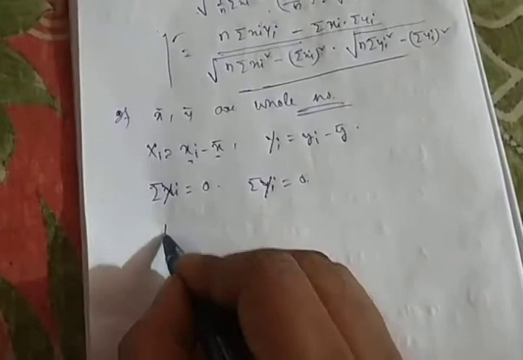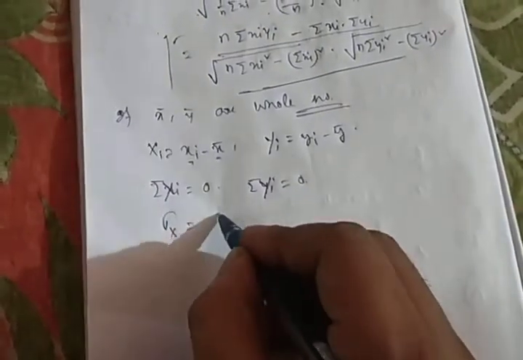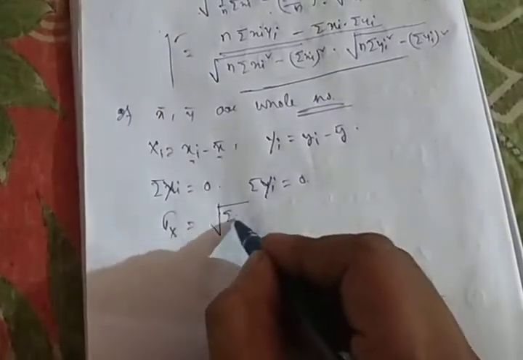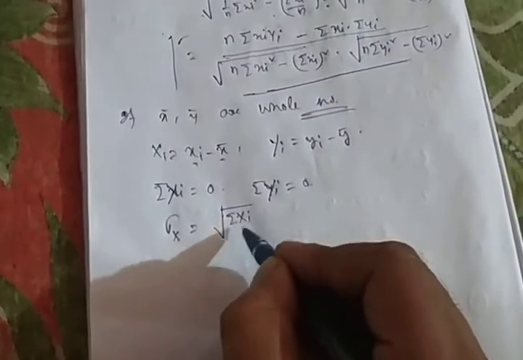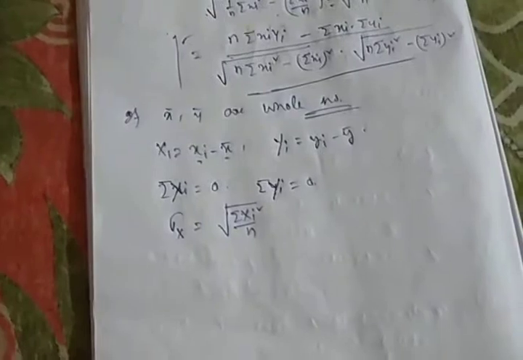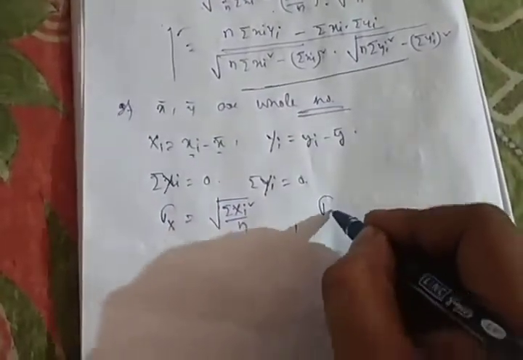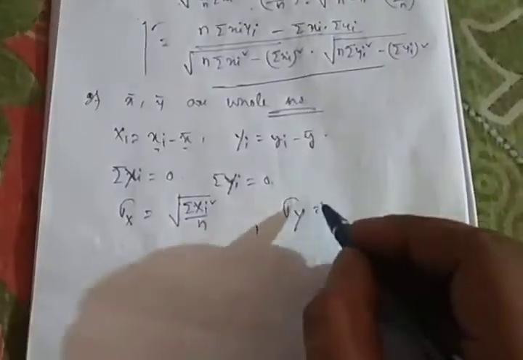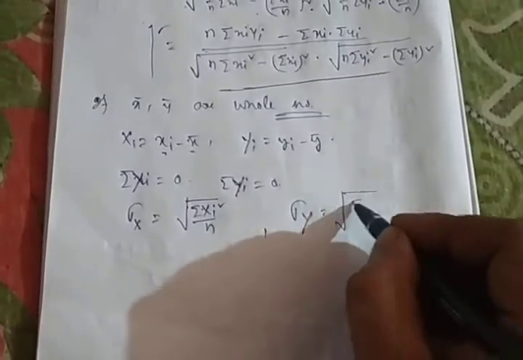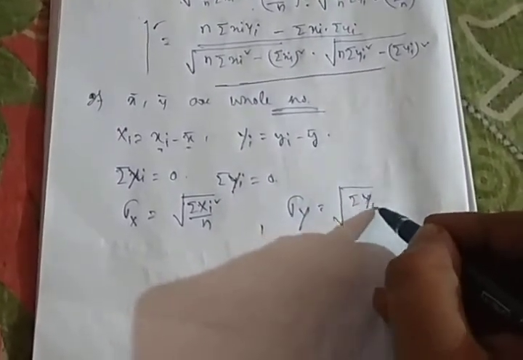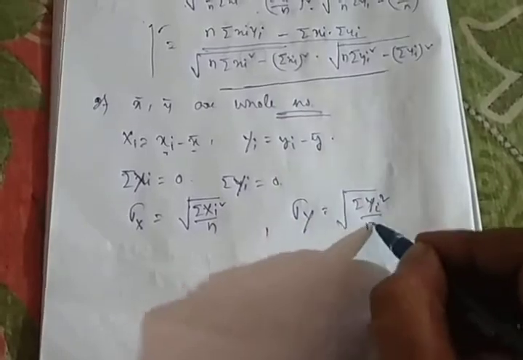And sigma of capital X becomes root under summation capital X square by n, and sigma of capital Y becomes root under summation capital Y square divided by n.